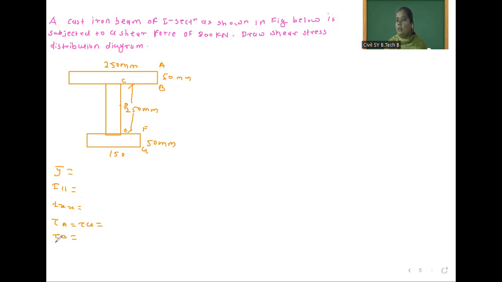Tau B which is equal to tau F, tau C, tau D, and tau E. I will give 20 minutes. Solve this question.